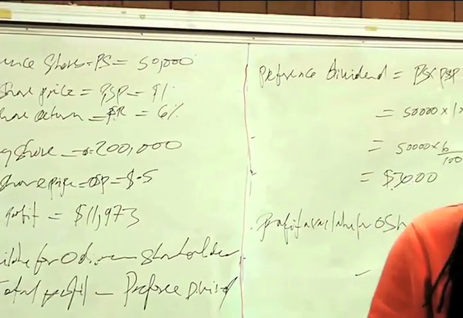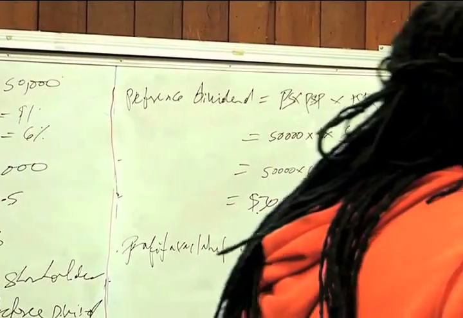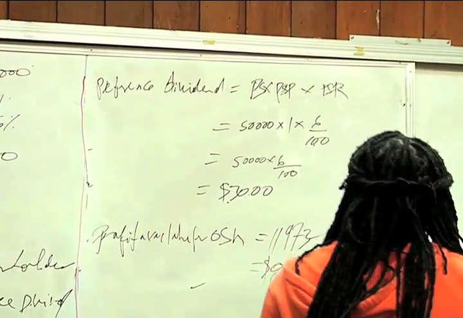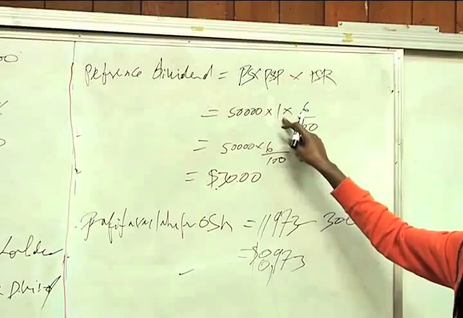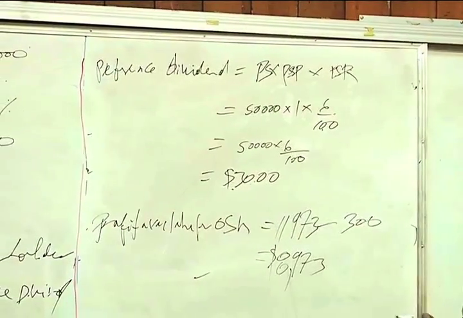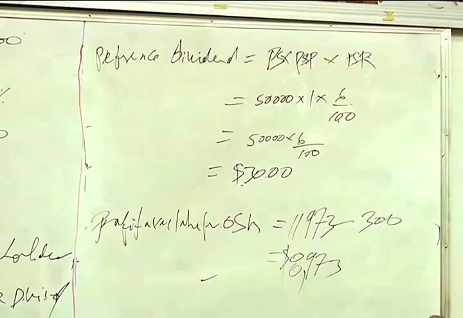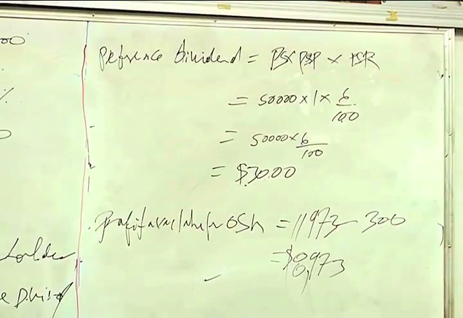Everybody understand that? Because the preference man has to get his money first. So if the preference share was at $2, it would have been 50,000 times 2 at 6%. If it was at $12, it would have been 50,000 times 12. You understand that? Good.